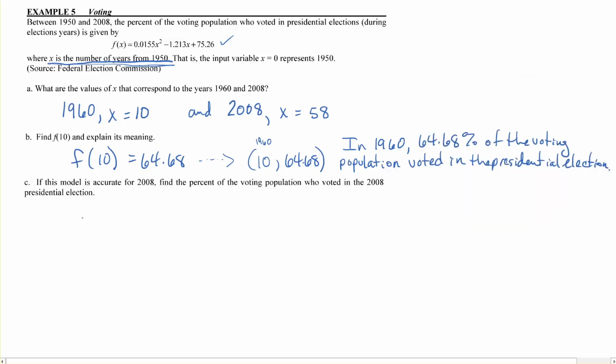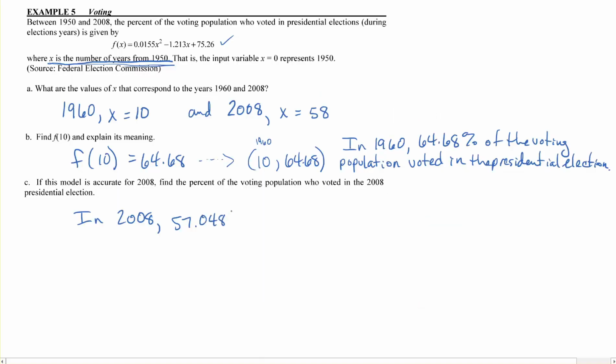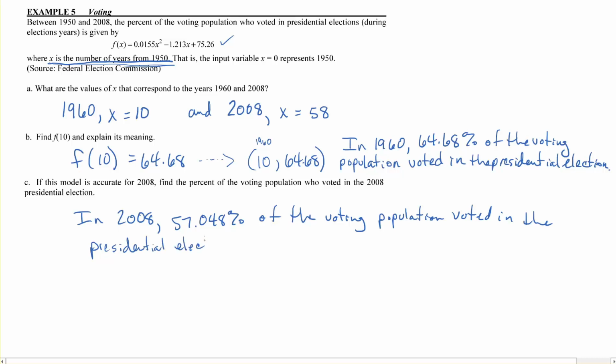Okay, so in 2008, 57.048% of the voting population voted in the presidential election. And that's good.